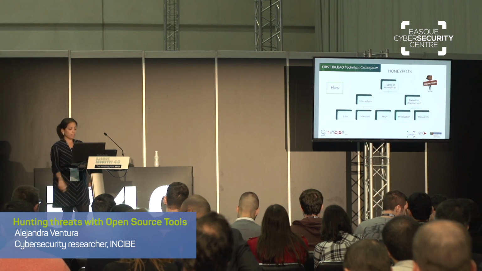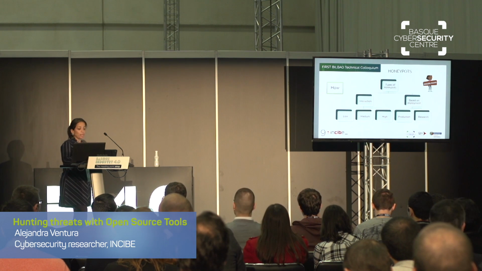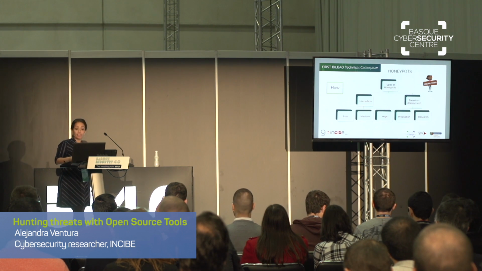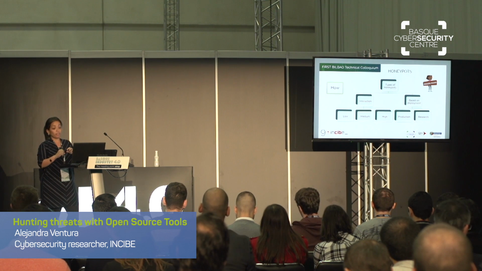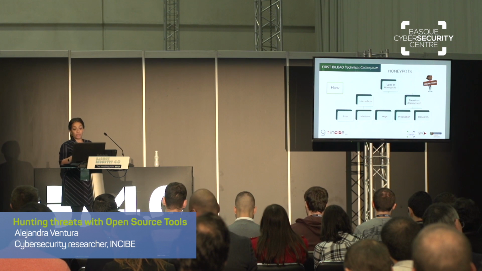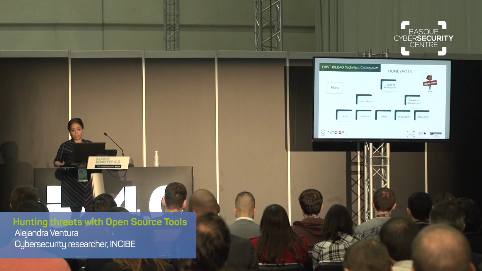So, back to basics. There are several ways to classify honeypots. In this case, we will do it based on two of their main properties: interaction and type based on deployment. We have three types of interaction honeypots: low, medium, and high. And based on deployment, we have two: production and research.